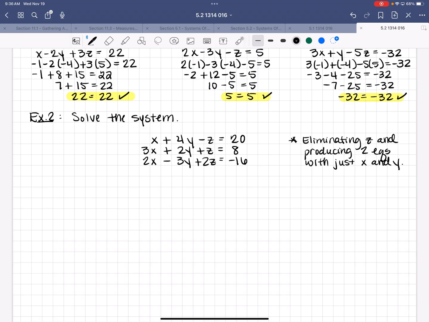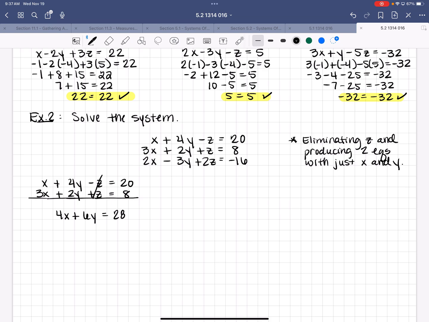Okay, so I'm going to take the first one, x plus 4y minus z equals 20, and 3x plus 2y plus z equals 8. That one's easy. Don't have to do anything to him, okay? So I'm going to get rid of those z's, and that's going to give me 4x plus 6y equals 28.